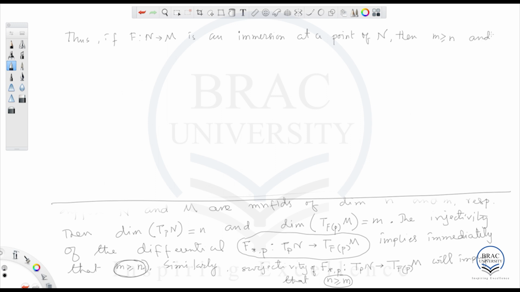And if F is a submersion at a point of N, then n is greater than or equal to m, as we have seen here.